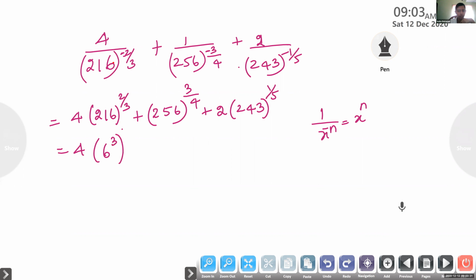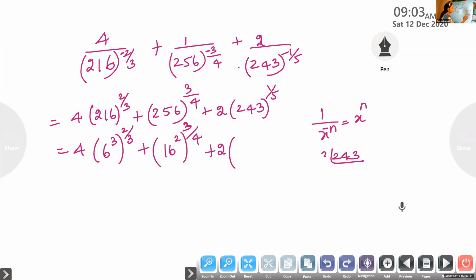Very good. 6 cube raised to 2 by 3, plus 256, which is the square of 16, so 16 square raised to 3 by 4. Then 243: you divide it by 3, 81 divided by 3, 27 divided by 3, 9, 3, 3. So you can write this as 3 raised to 5, whole raised to 1 by 5.